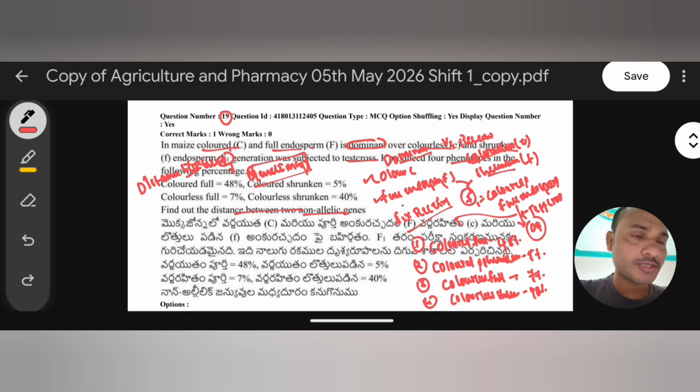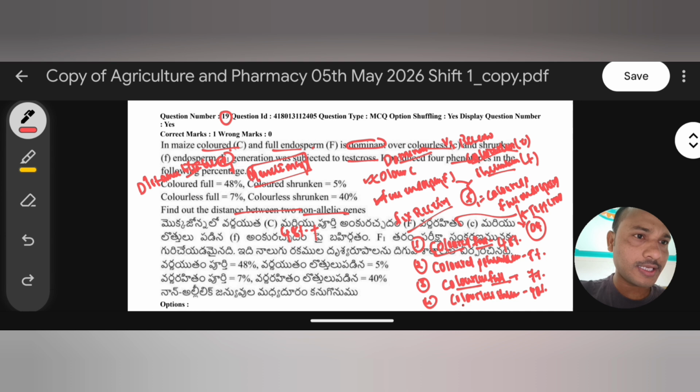Here colored and full endosperm are dominant characters, 48%. Colored shrunken and colorless full endosperm are recombinant characters, because in these two, new characters come in this generation.